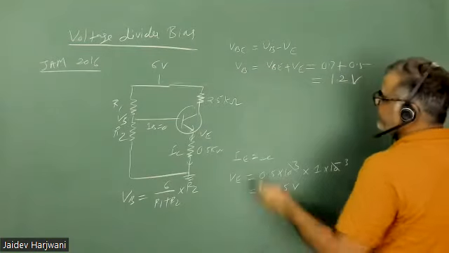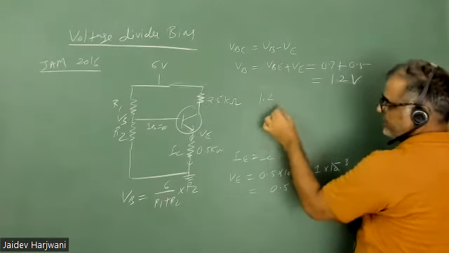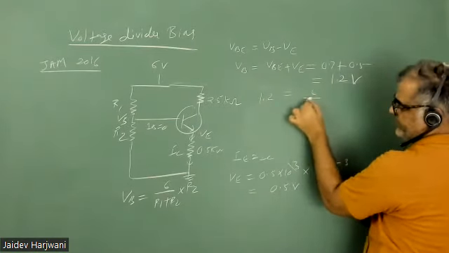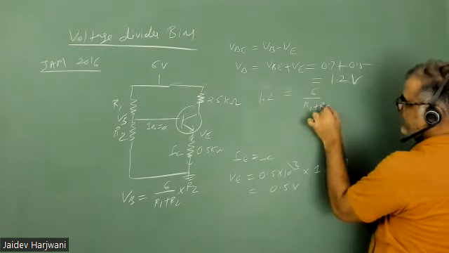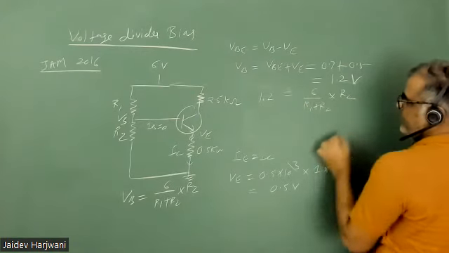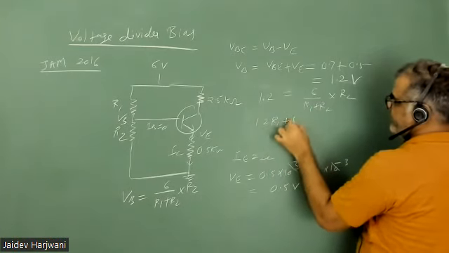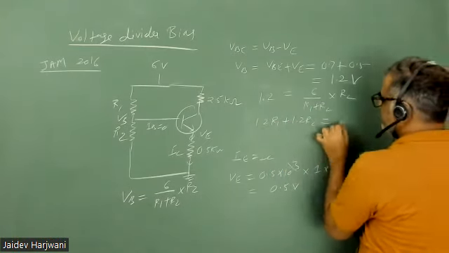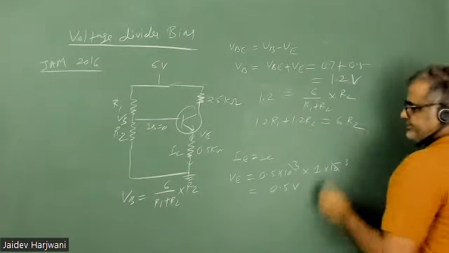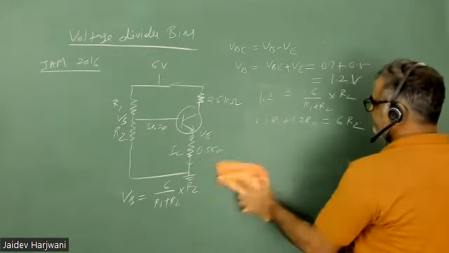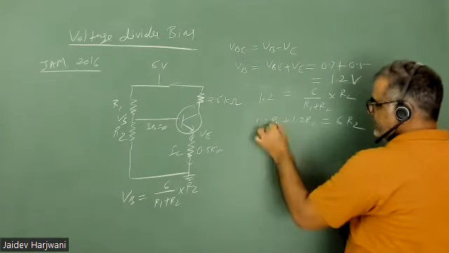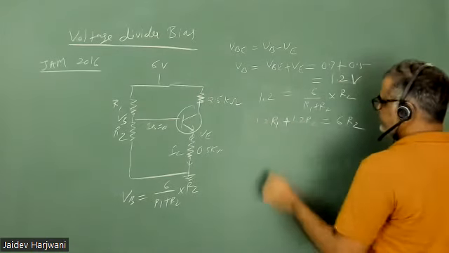So VB is your 1.2, equal to 6 upon R1 plus R2 into R2. So this becomes 1.2 R1 plus 1.2 R2 equals 6 R2.